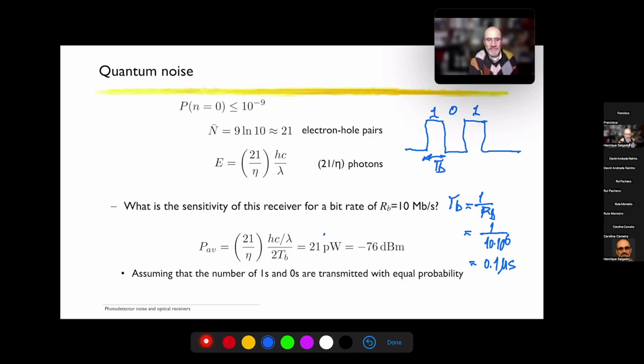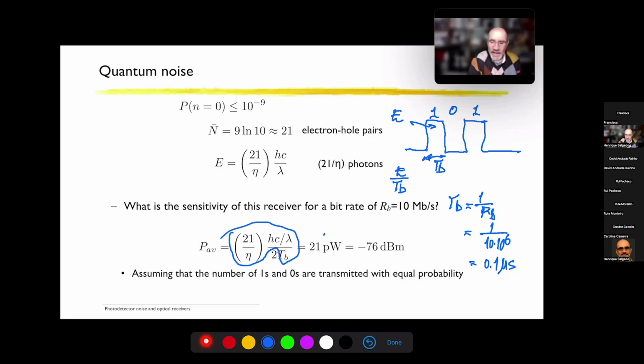Okay. And we know the energy contained in this pulse is equal to E. And so the power associated with this pulse is the energy divided by the bit period, which is this term here. Okay.